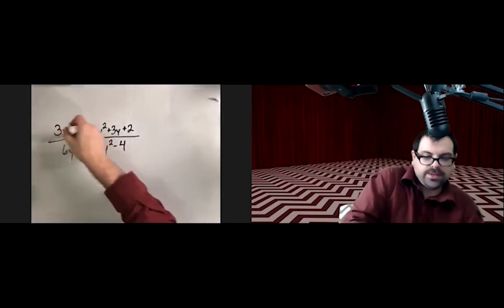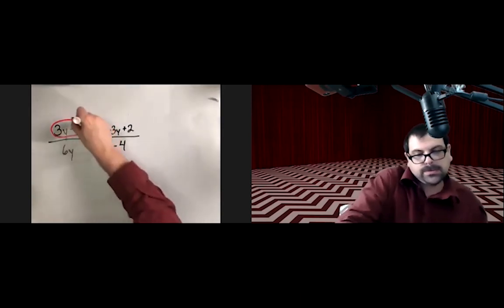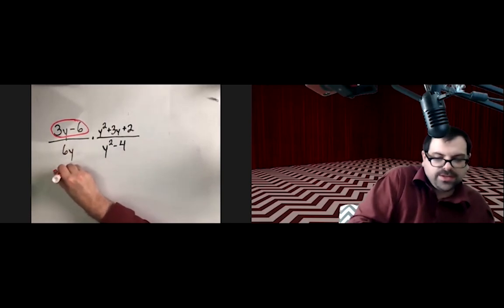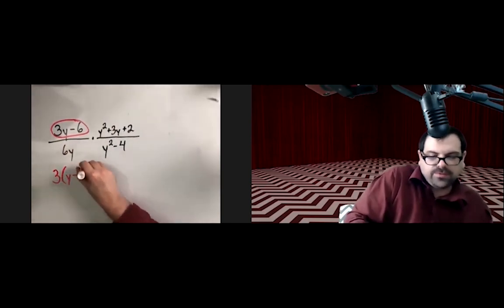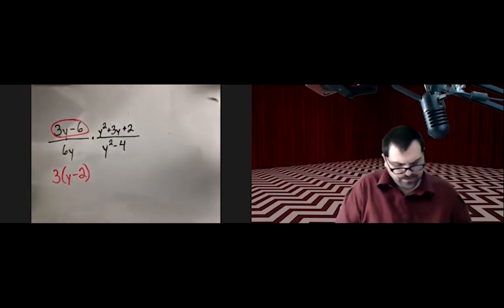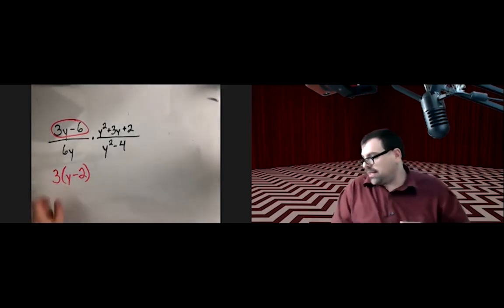Here in the top left, we can factor out a 3, and that's all we can do. We're left with 3 times y minus 2. Three is already a prime number, so we don't have to break that up any further.